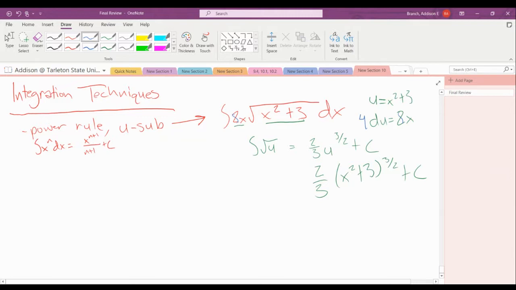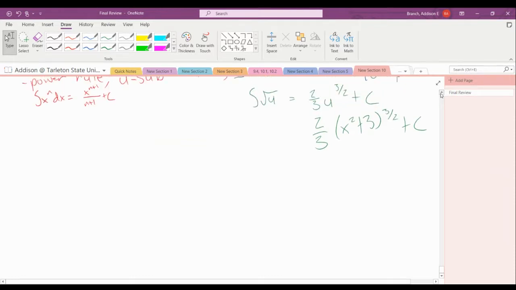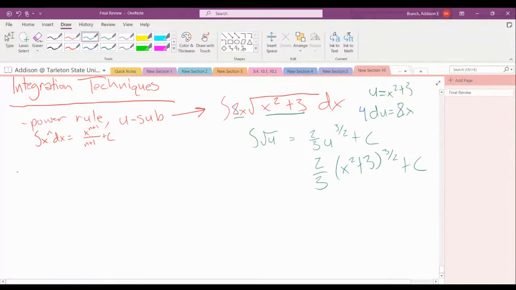So for our new ones that we learned this year, we have integration by parts. Remember, the main time to use that is if we have two functions multiplied together.